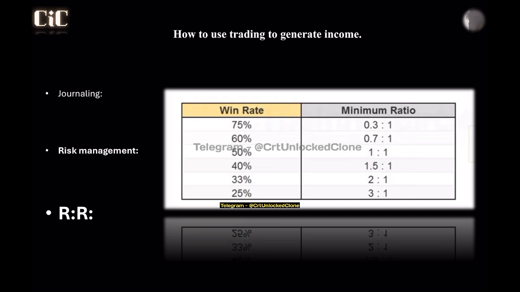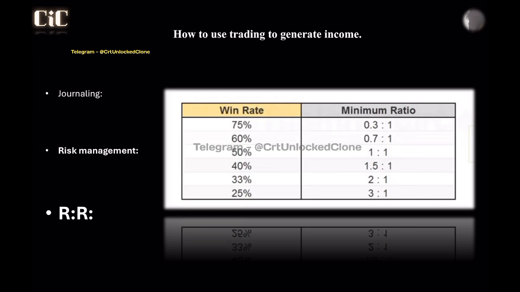This is the only purpose any of us has got into trading, is to make money. Correct? Correct. This is how it's done. Understanding these three things: journaling, risk management, and risk to reward ratio. These are not the same thing. This is summarized in, and let's summarize this whole lesson.